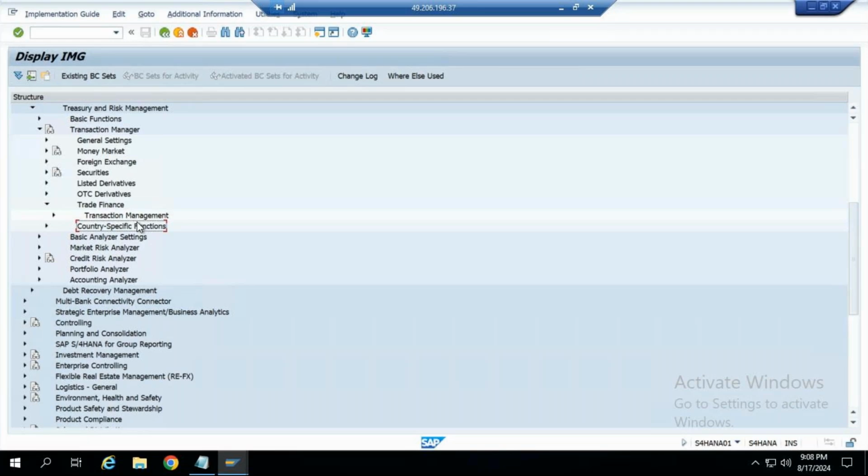For customers who have not migrated to SAP S4HANA yet, because SAP has given a timeline of 2030, I think, to move their ECC solution to S4HANA, if they want to use the standard solution of trade finance, they can, but they have to upgrade their enhancement pack to EHP 8 onwards. Then they can use the trade finance module.